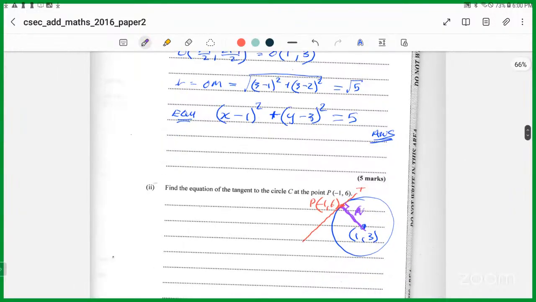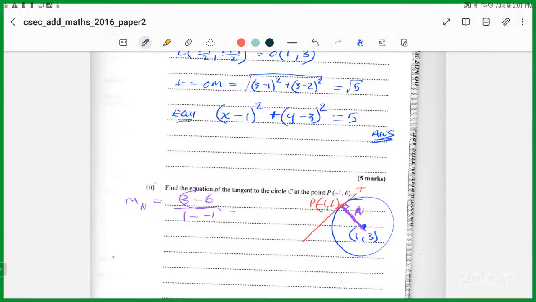So the gradient of the normal can be found because you have these 2 points that it passes through. So a difference in y by difference in x: 3 minus 6 over 1 minus a negative 1.